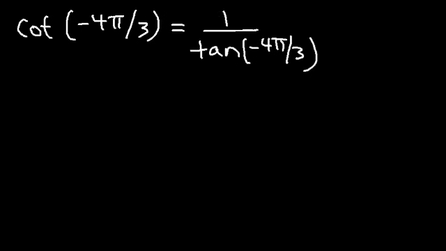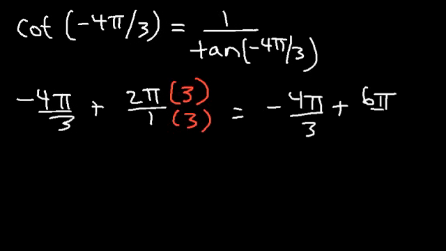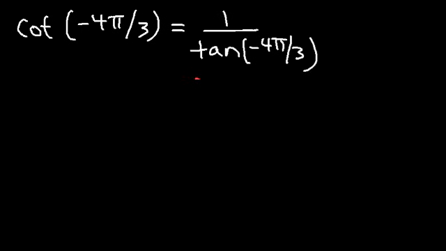So what we could do is get rid of the negative angle by adding 360 or 2 pi. So let's get common denominators. Let's multiply this by 3 over 3. So negative 4 pi over 3 plus 6 pi over 3 is 2 pi over 3. So therefore tangent negative 4 pi over 3 is the same as tangent 2 pi over 3.